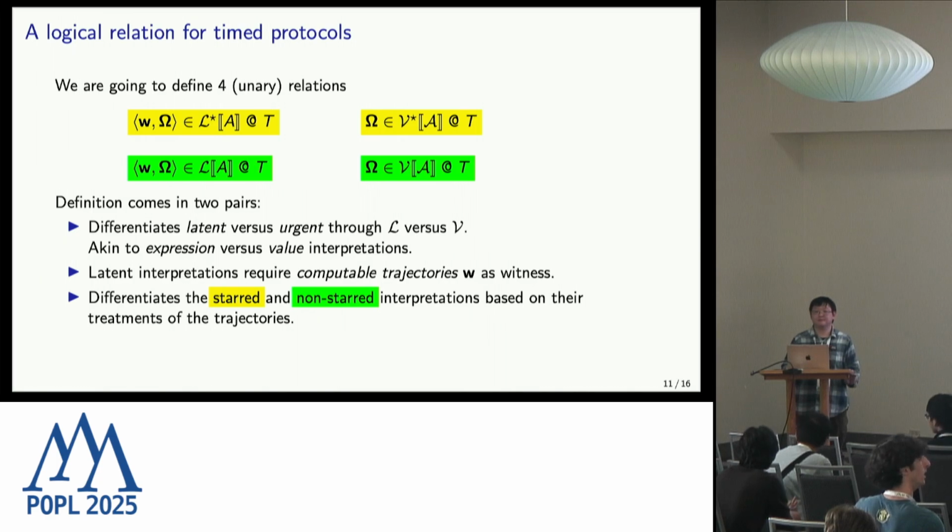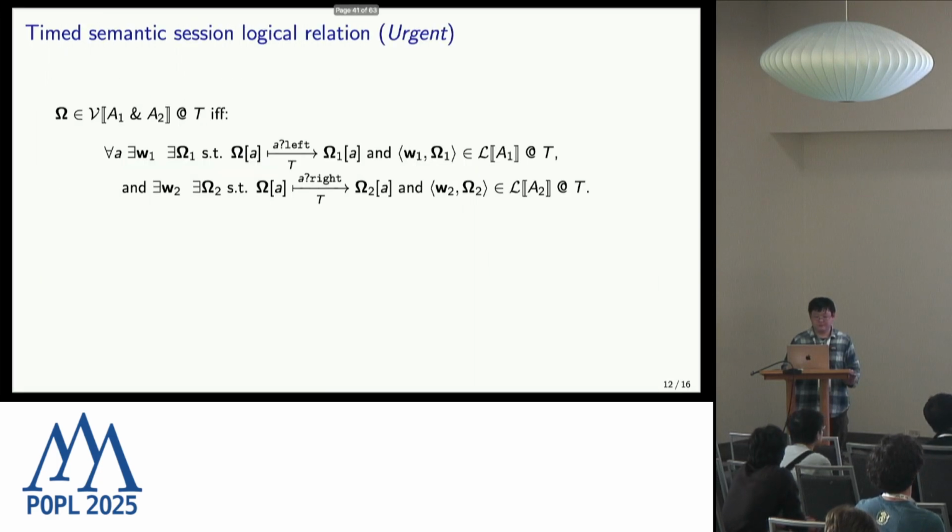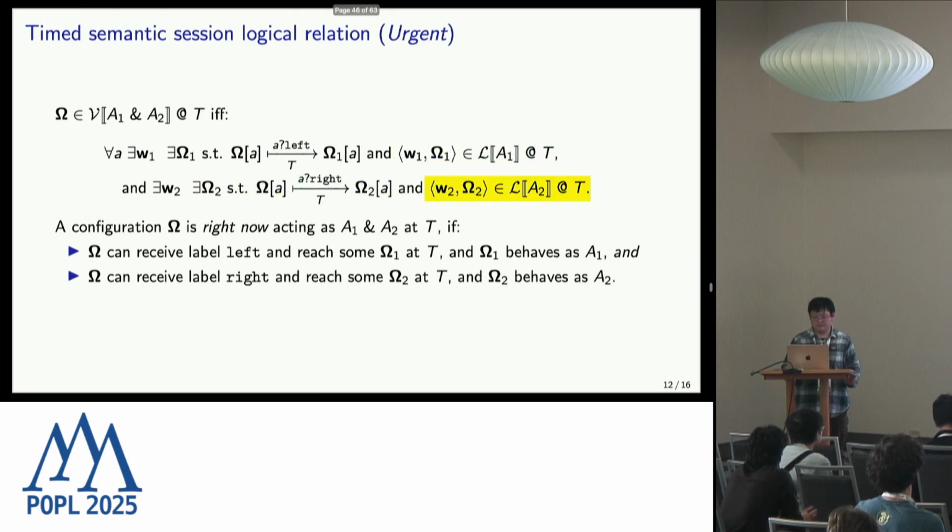I had a question about the next slide, I think. Here, the definition of V on this, I was expecting it to have V on these parts, but it's using L instead. Is this a typo, or is there something interesting going on here? There is.